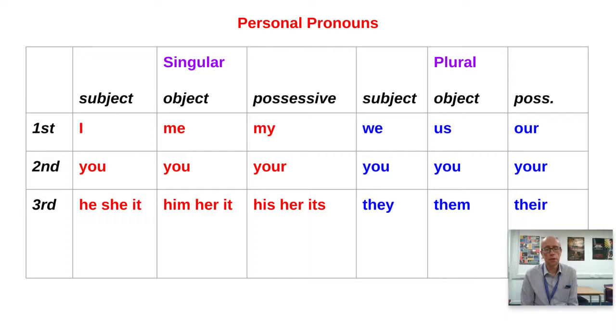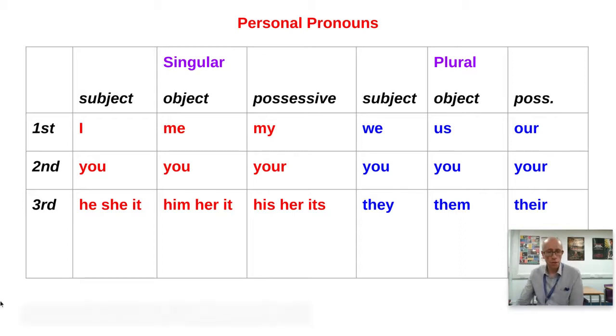And some languages, like Swedish, have recently taken it upon themselves to get rid of gendered third-person pronouns and simply have a non-gendered form, which they use as hen, H-E-N. So there are all sorts of interesting debates and discussions in English about the use of the third-person pronoun.